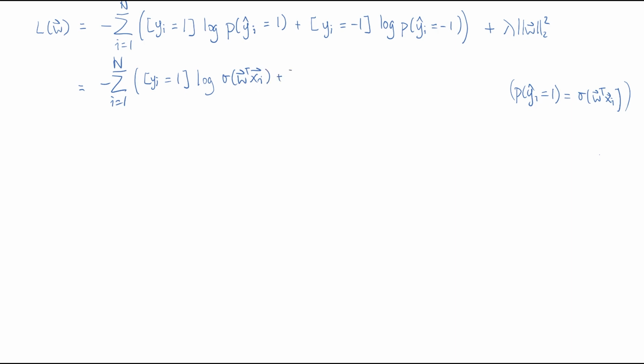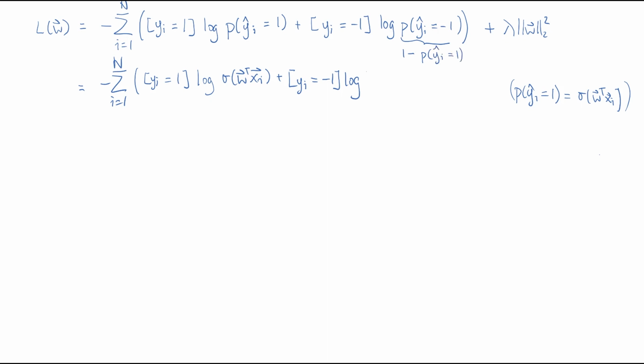Okay, plus indicator of yi equals -1 times log. So here we have the probability that y hat i equals -1, because y hat i can only take on two different values. This is actually just going to be 1 minus the probability that y hat i equals 1.